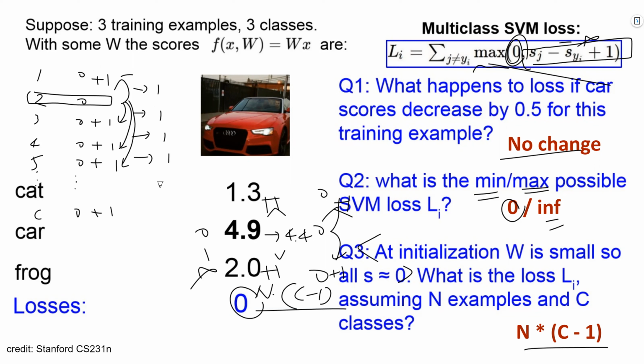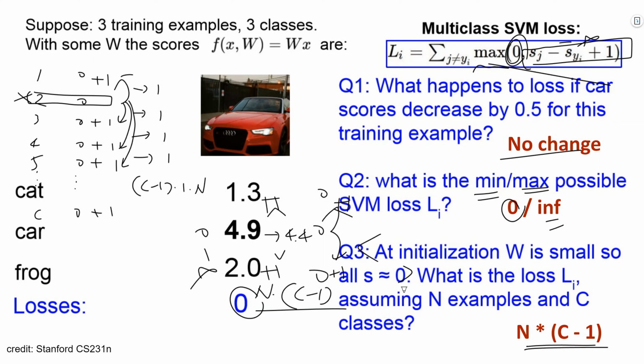So how many ones do we have? Except this ground truth label, we have C minus 1 ones. And this is for one example. And for n examples, we need to multiply n. So we have n times C minus 1 loss. All right, let's move on.